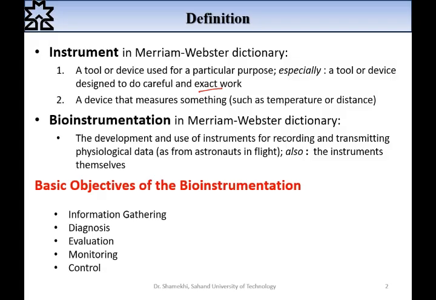As you can see here, it is the development and use of instruments for recording and transmitting physiological data. Therefore, a bioinstrumentation device is an instrument which is used for recording and transmitting physiological data.